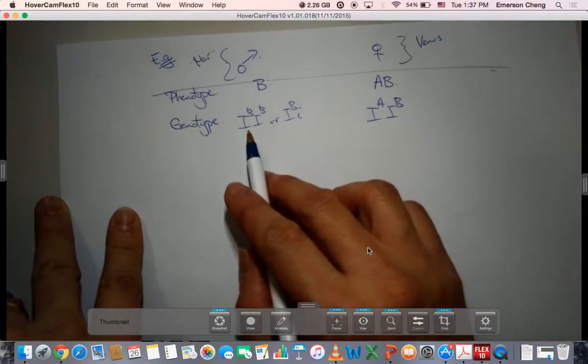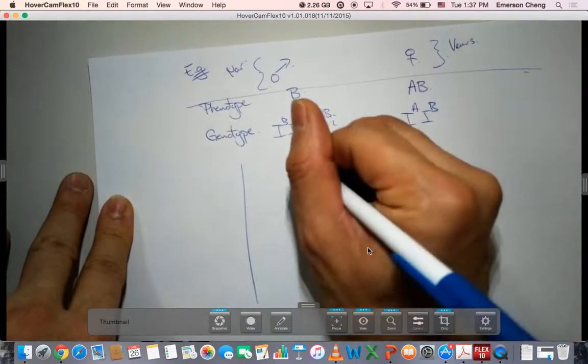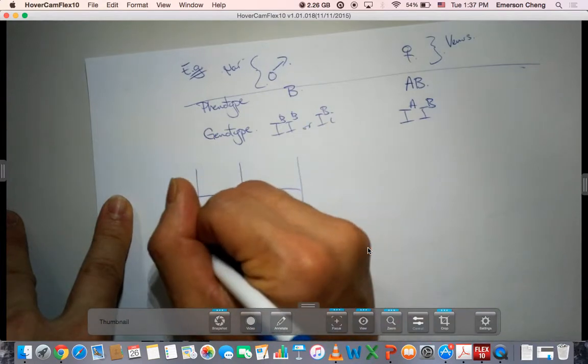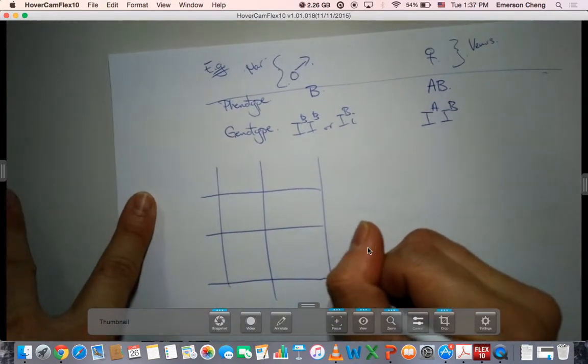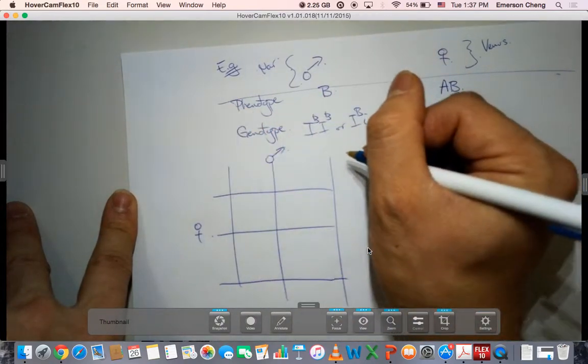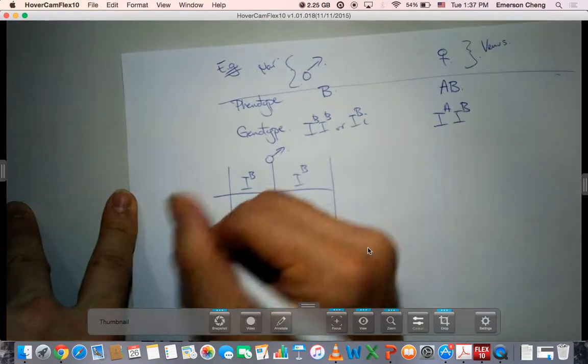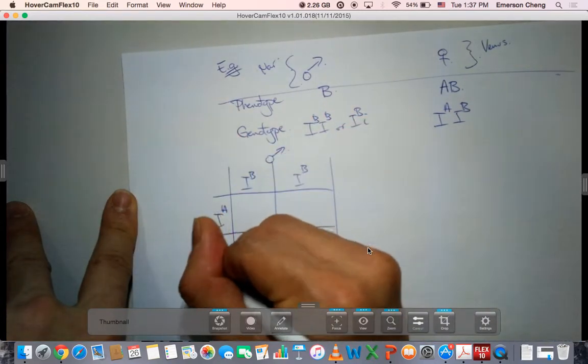So, I want you to do a Punnett square for both scenarios. In this case, again, dad's on top, mom's on the side. Dad is IB, mom is IA, IB.